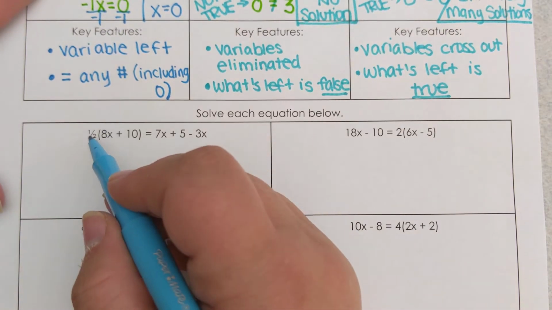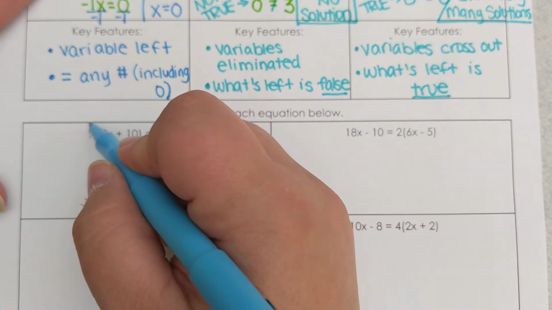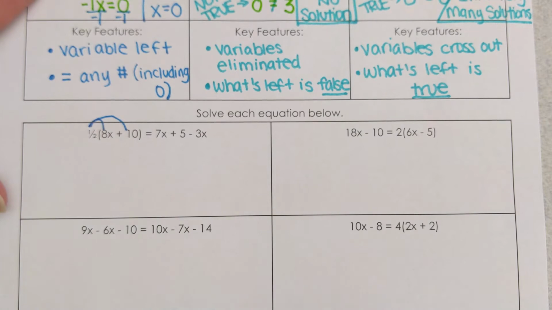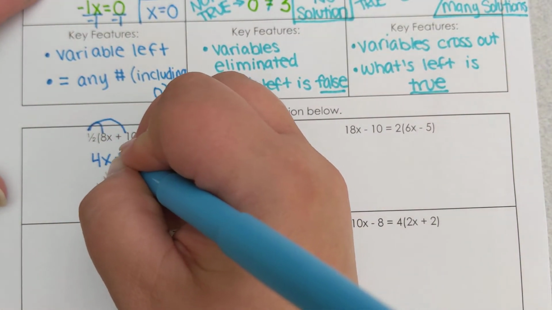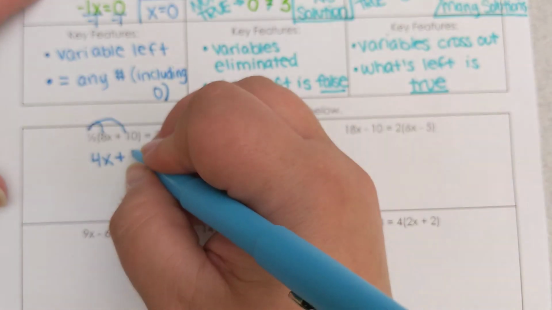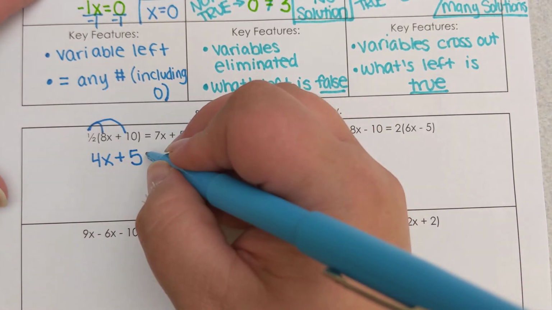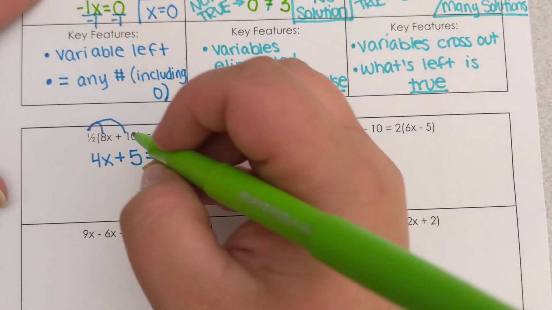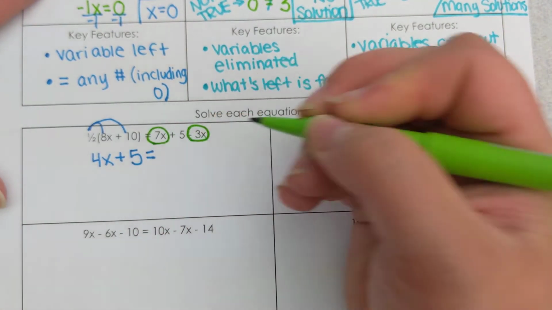So, what do we do if there's a number in front of parentheses? We distribute. So I need to take half of 8x and half of 10. Half of 8x is 4x. Half of 10 is 5. Equals. And then sometimes I'm going to have you guys do this. I'm going to go ahead and add these two things together.